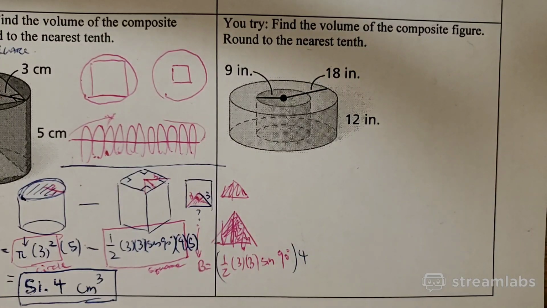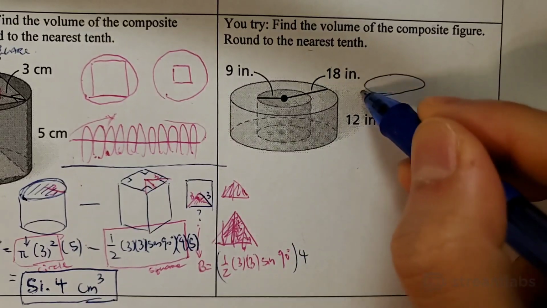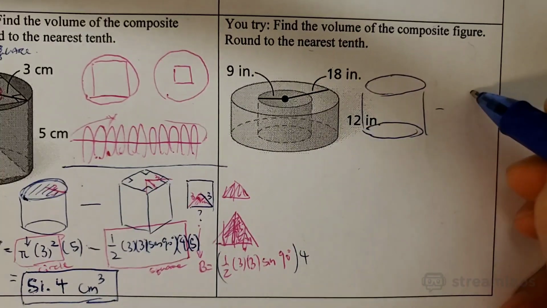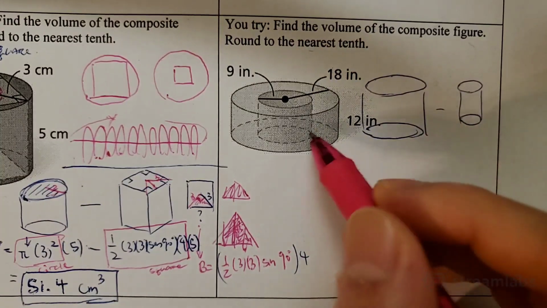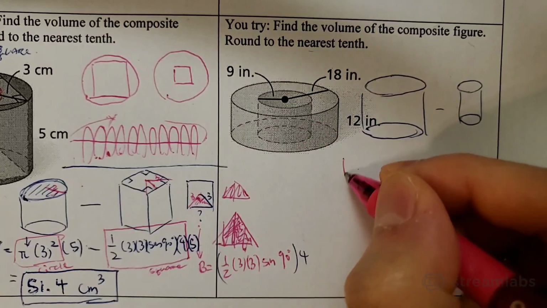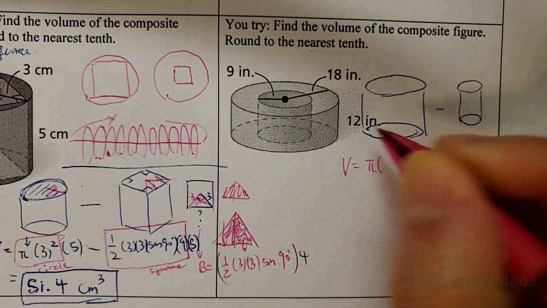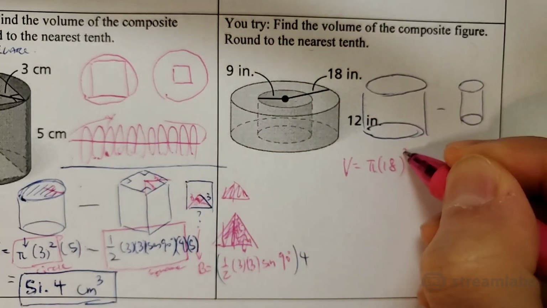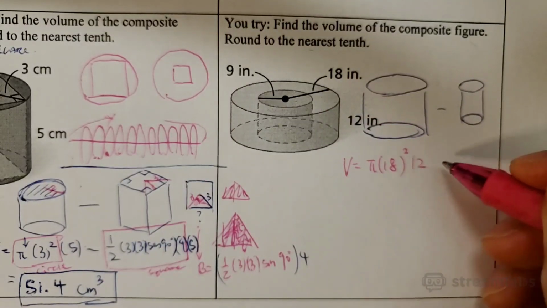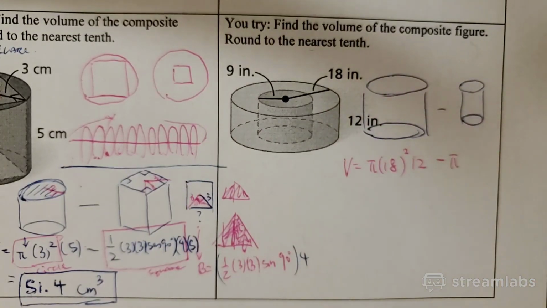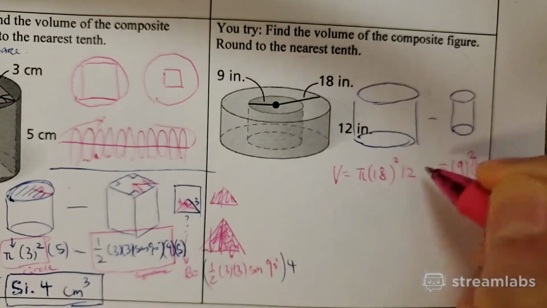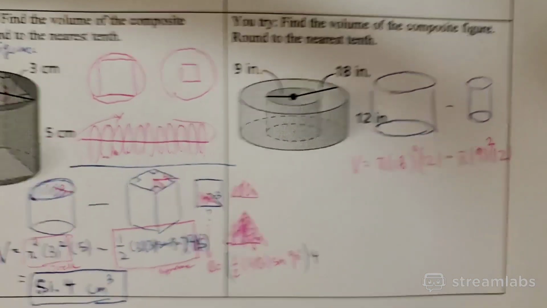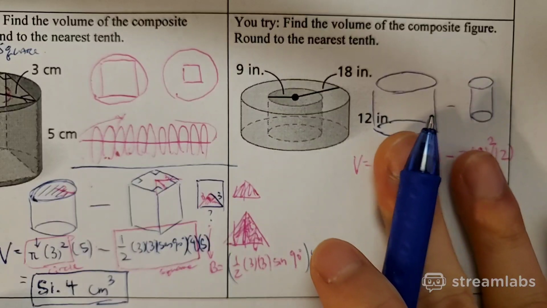Same thing, empty inside. So we just use the big cylinder minus the small cylinder. The big cylinder's volume is pi, base area times height, pi r squared times height 12, minus this one, another pi r squared, and h is still 12, right? And that's it.